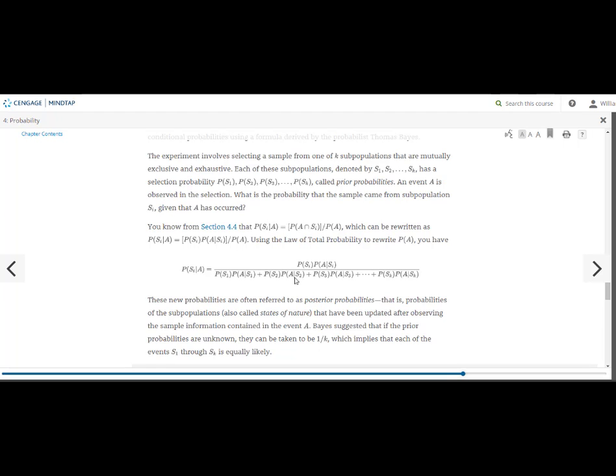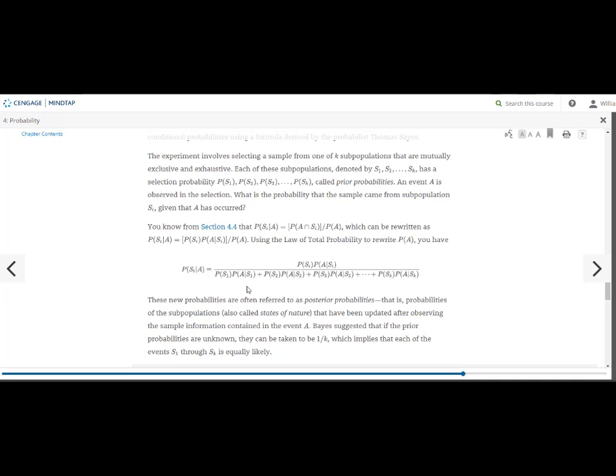So not just the probability of A prior or given nothing, but given S1, given S2, given S whatever. That's called posterior, because posterior means after. So these are referred to as posterior probabilities.